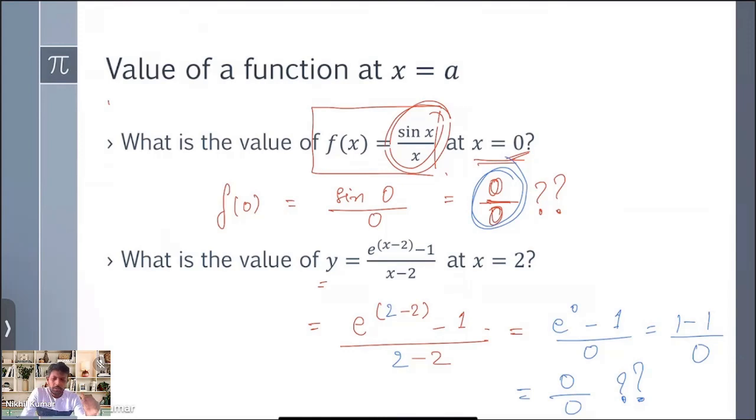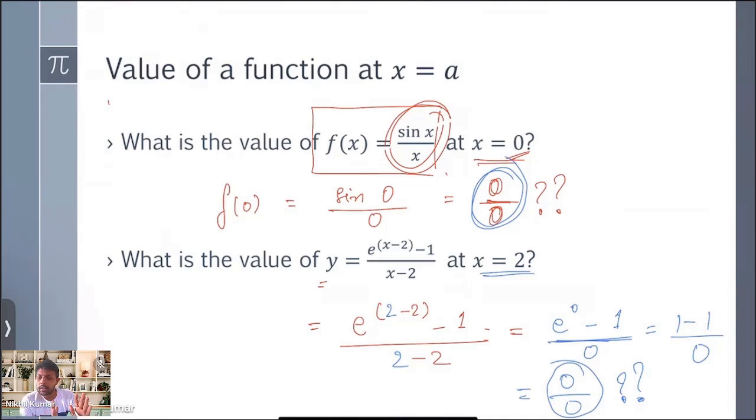Why? Because when we tried putting in x equal to 2 here, we saw that I'm getting something which looks like this. This is 0 upon 0, and we all know that any number divided by 0 is not defined in mathematics at all.